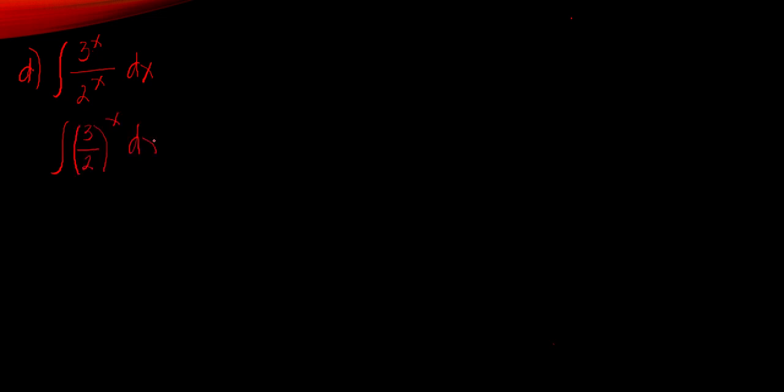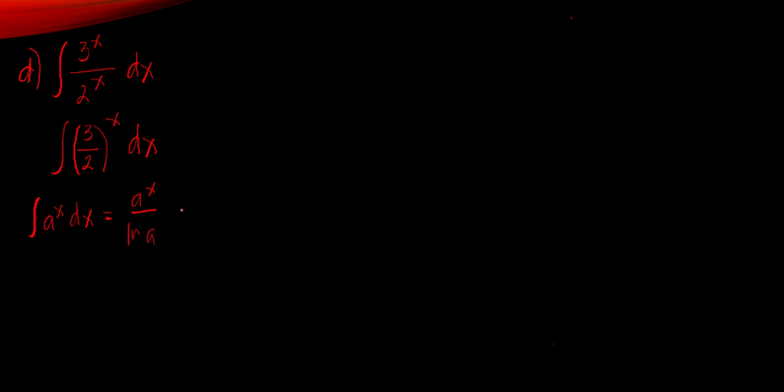to x dx. So if you recall our example letter A earlier, that the integral of a raised to x dx is equal to a raised to x over ln of a, plus c. We can use this because 3 over 2 is a constant.